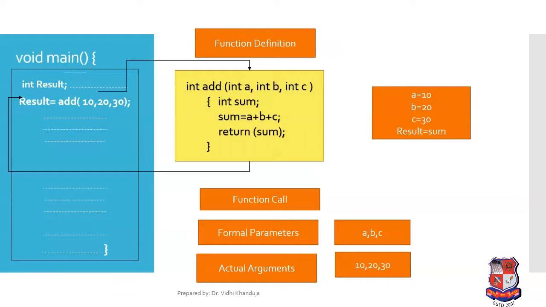Let us look at this example. Here we have a program main that creates and invokes a function to add three numbers. So we have included a function definition here, which is after the main, outside the main. Your yellow box denotes the function definition.